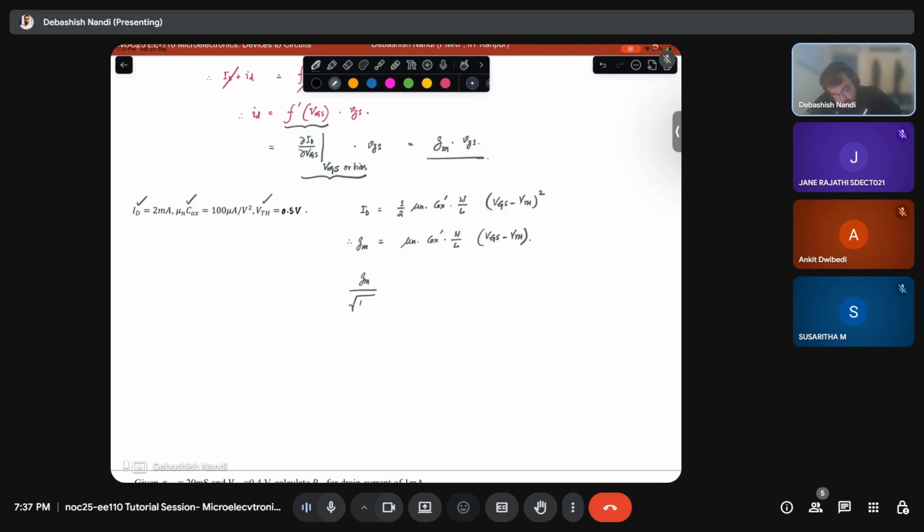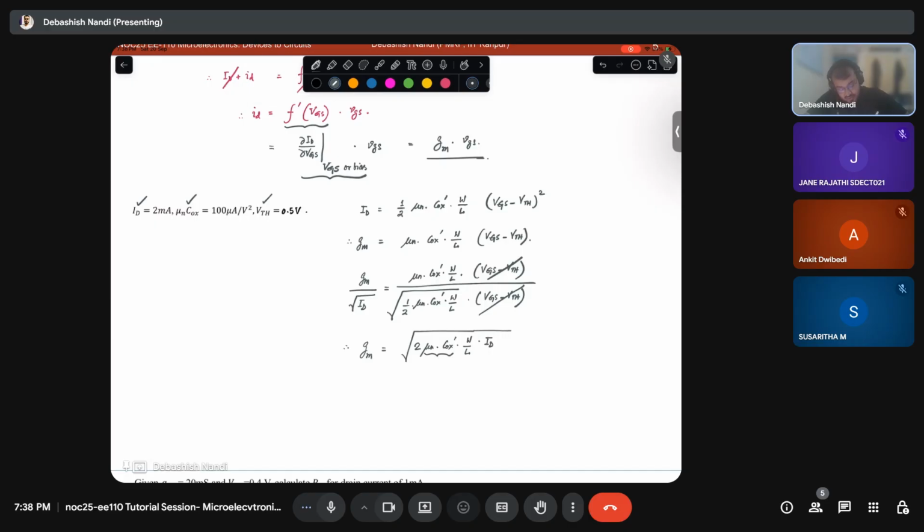If I do gm by root over ID, what will I get? Mu n Cox W by L times VGS minus VTH, and in the denominator I get root of half mu n Cox W by L times VGS minus VTH squared. So this will get cancelled. So my gm will turn out to be root of 2 mu n Cox W by L times ID.